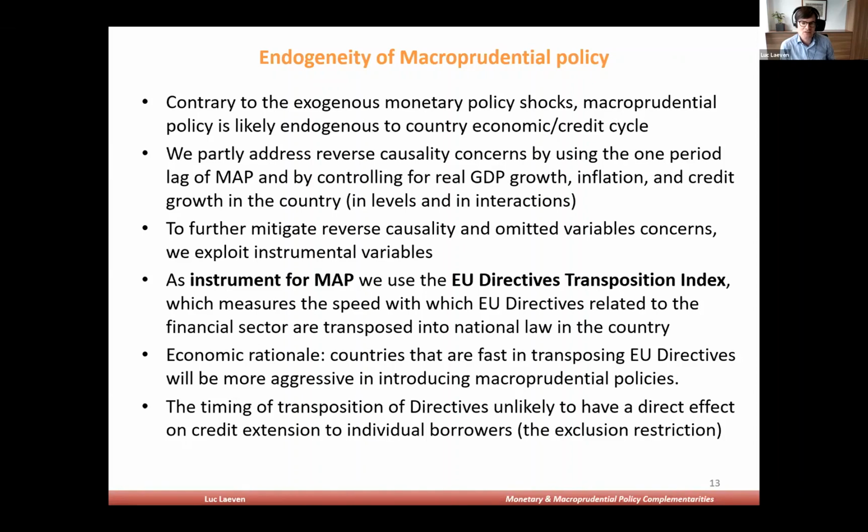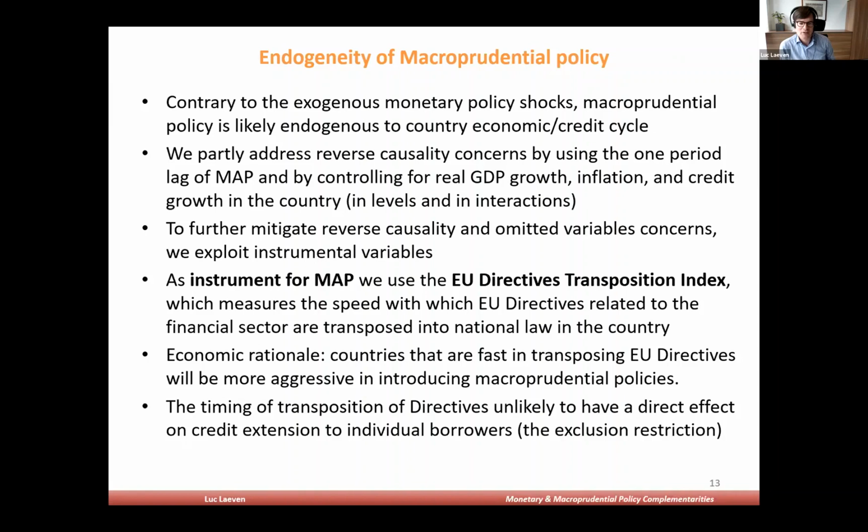And indeed, you see that some countries are quite slow and others faster for institutional, political, and other reasons. And it turns out that this way of measuring the speed with which countries adopt these EU guidelines is very much correlated to the speed with which countries introduce macroprudential policies.